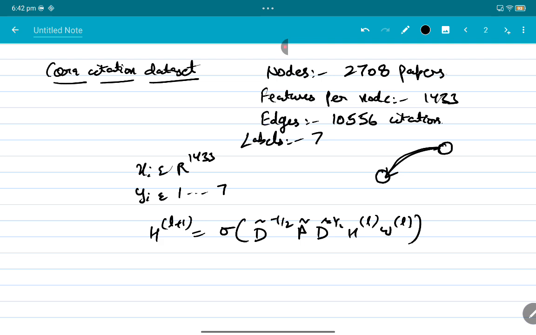This is a quite complicated formula that we generally use for graph convolution networks.